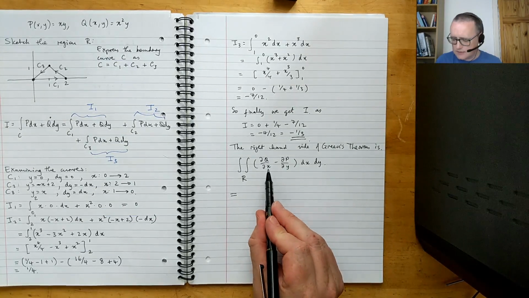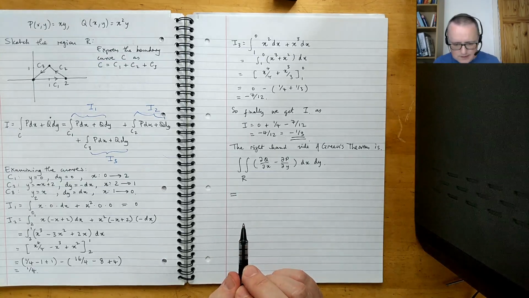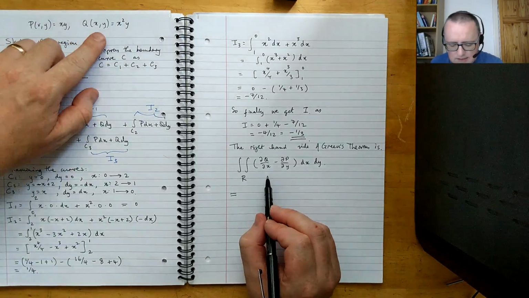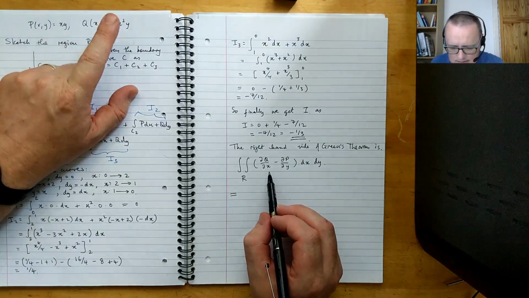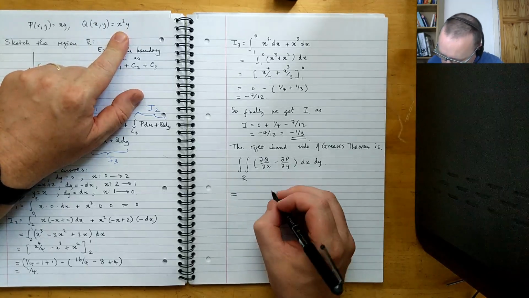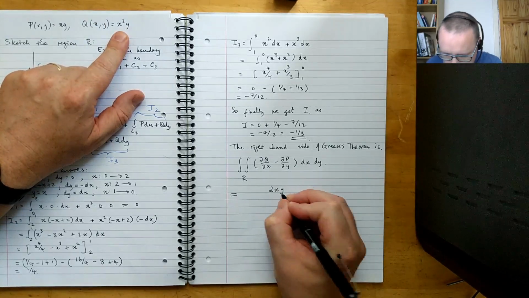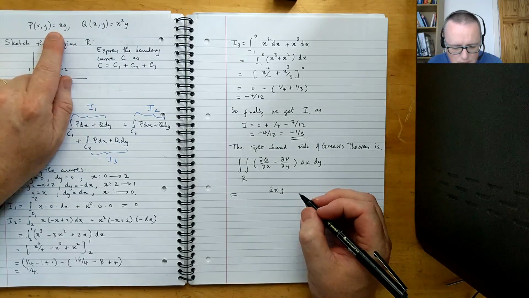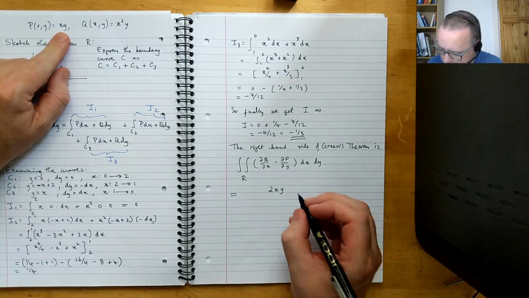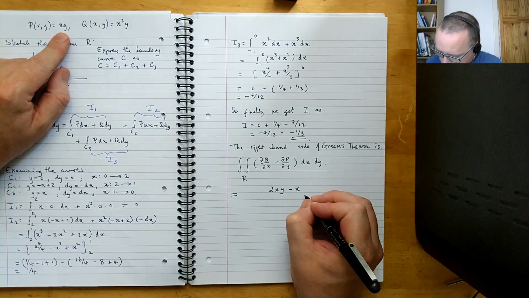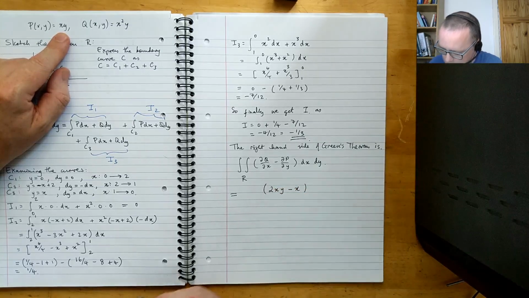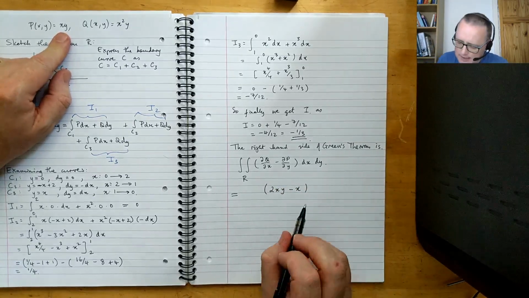Well, we can work out this difference of partial derivatives fairly easily. dq dx is 2xy, minus dp dy. dp dy is simply x. So this is the integrand. This is what we're integrating.